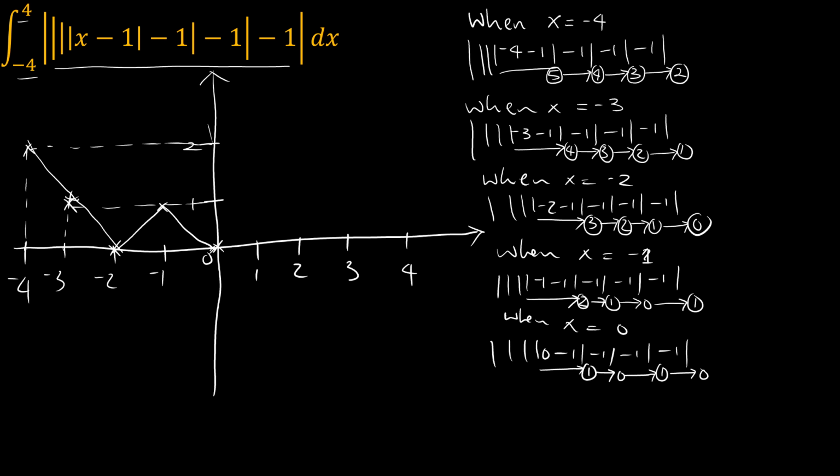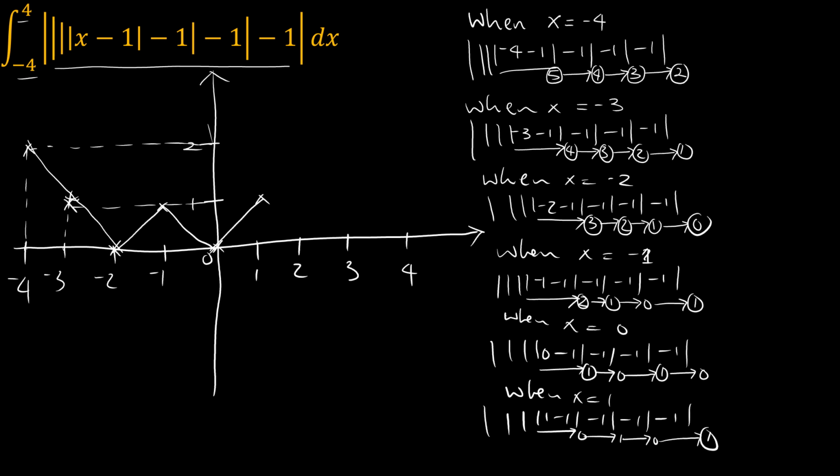And then when x equals 1, we have 1 minus 1, absolute, minus 1, absolute, minus 1, absolute, minus 1, absolute. So 1 minus 1 is 0. We're beginning from 0, which goes to 1. 1 minus 1, then it goes to 0. Then it goes to -1, +1. So this goes up to 1 here.